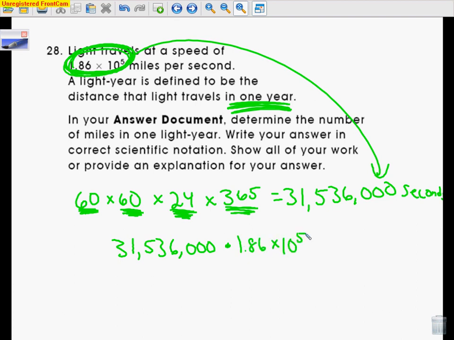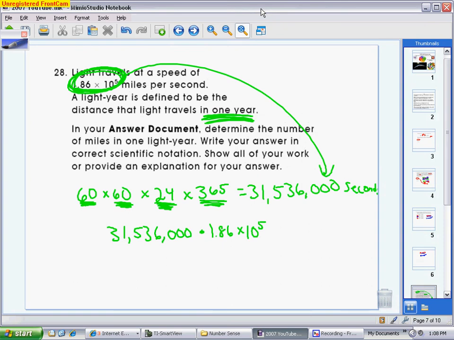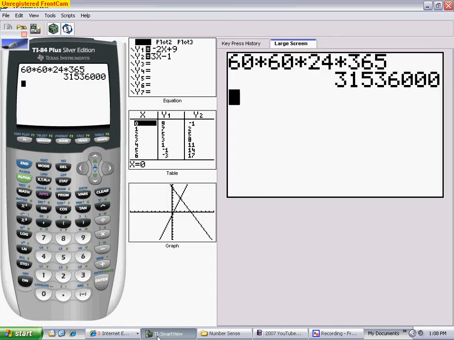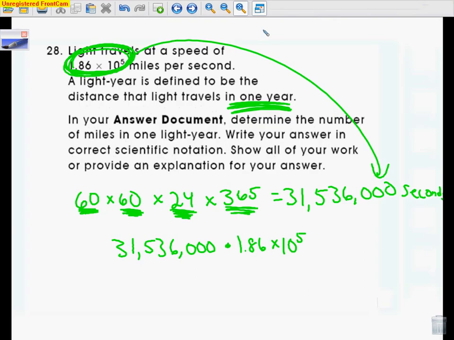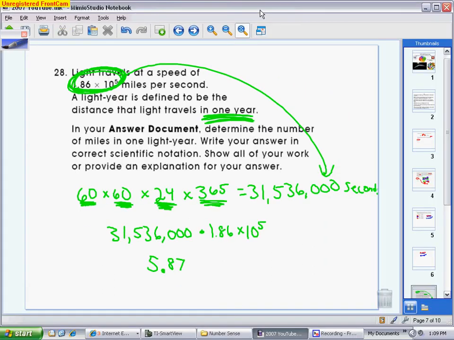Okay, so you can go back to your calculator, and we're going to multiply that number times 1.86 times 10 to the fifth power. It equals, and there you go. Now most of your calculators will actually show this number right here. So we're just going to put this down as 5.87. Now let me go back to this calculator real quick.